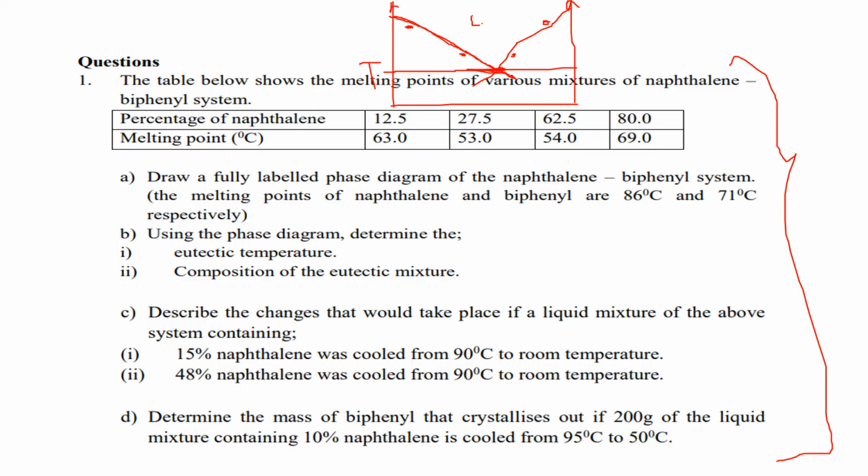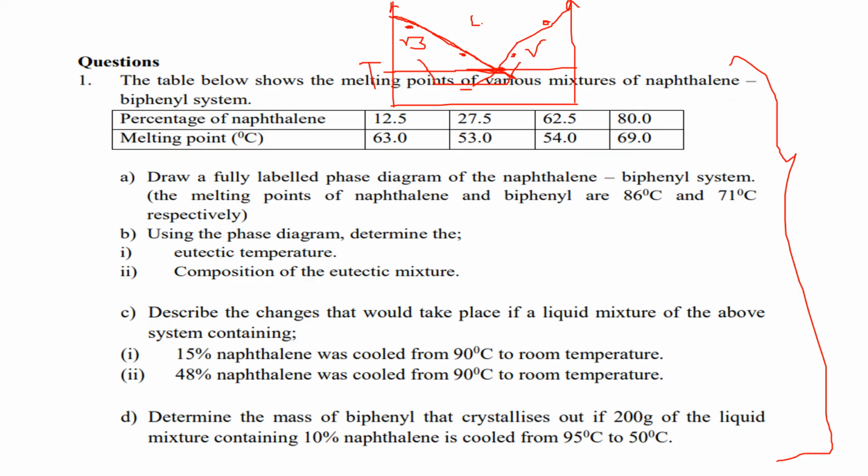And then since the graph is percentage of naphthalene, that means that this region is going to be solid biphenyl plus liquid mixture. And then this side is going to be solid naphthalene plus liquid mixture. And then here below the eutectic point is already a solid mixture of these two substances, so solid biphenyl and solid naphthalene.